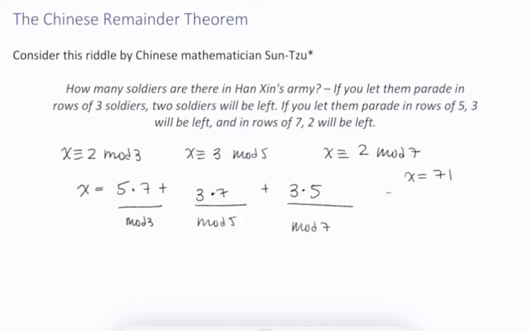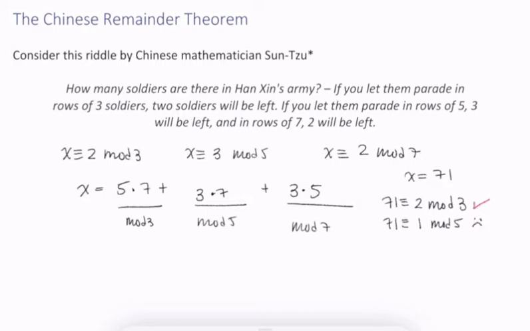All right, so 71 is equivalent to 2 mod 3. Great, we definitely wanted that. 71 is equivalent to 1 mod 5. We did not want that.